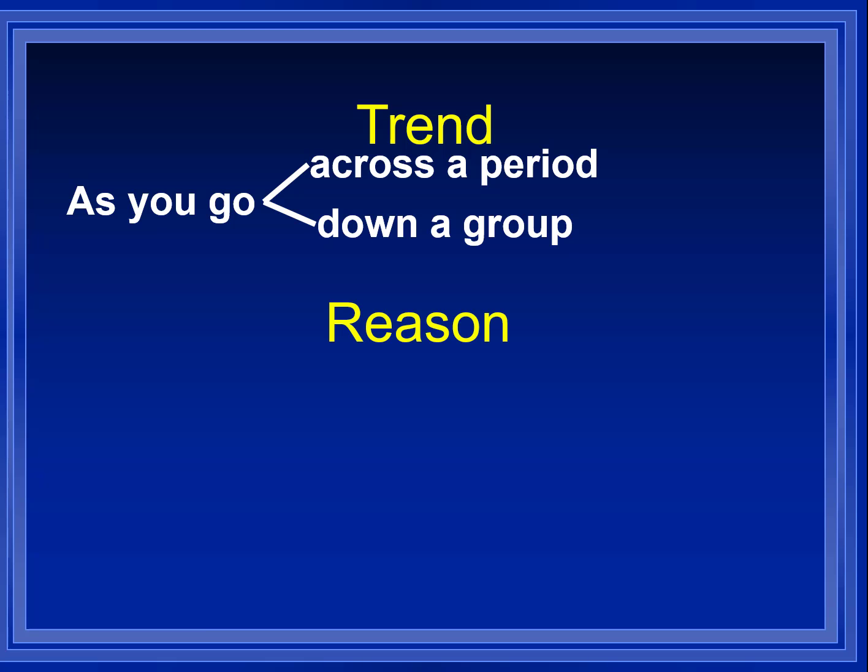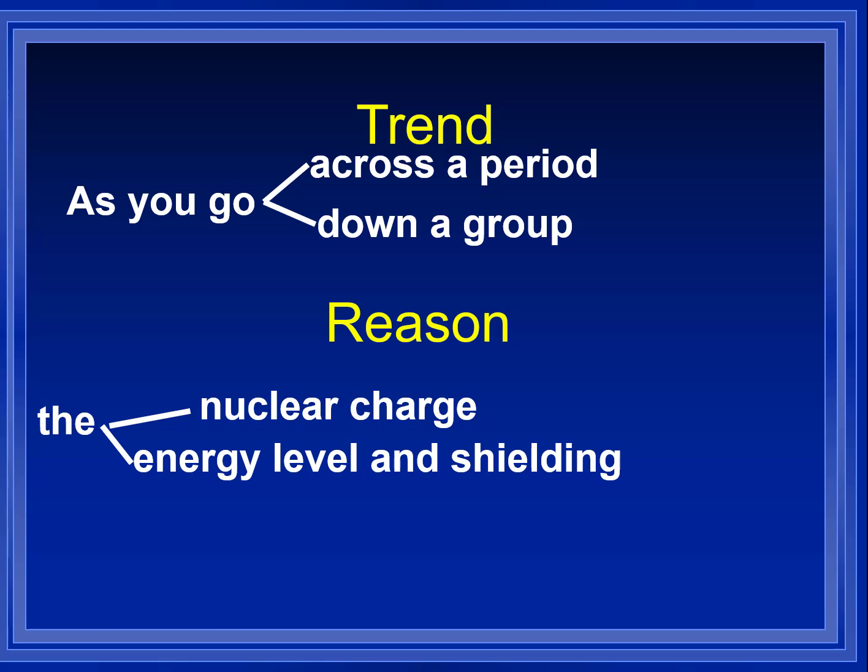Then you can talk about a reason. The reason, if it's across a period, is going to be about nuclear charge. The reason, if it's down a group, is because of energy level and shielding increasing.